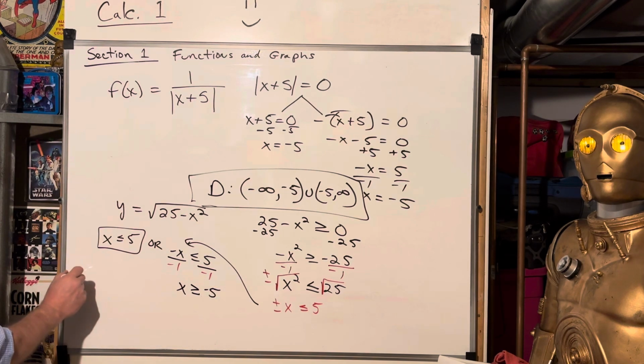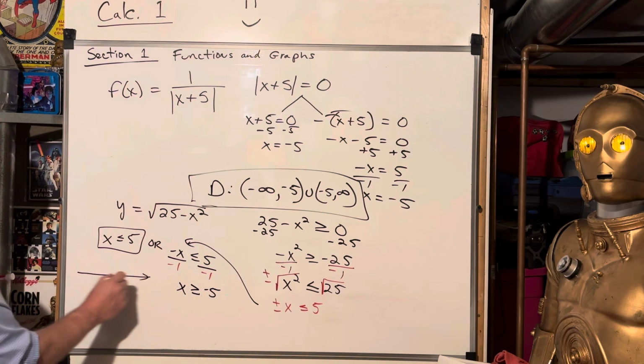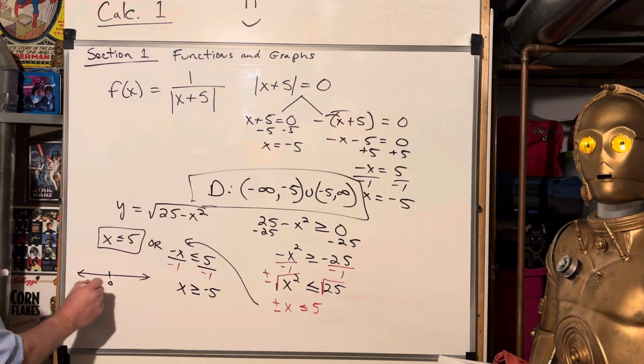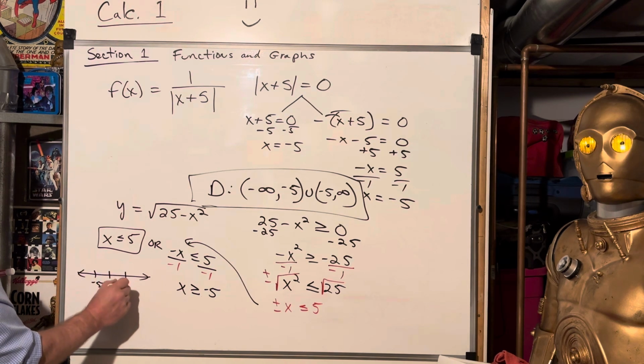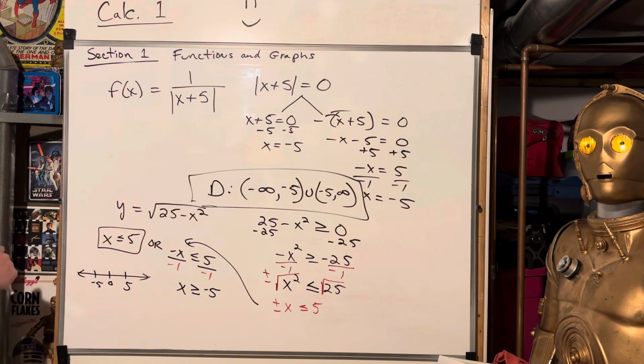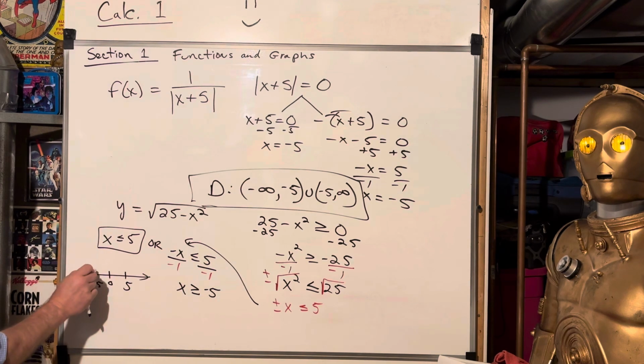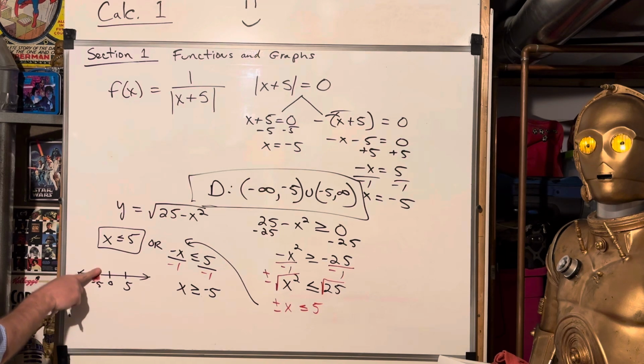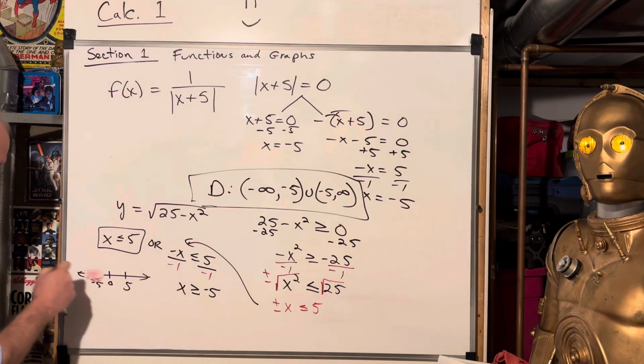Well, that gives me an actual interval. If I look at this on a number line, we have 0 here, we got -5 over here, we got +5 over there. It is everything greater than -5, so that's going to be a closed circle, or bracket. Let's use what we use in calc instead of the closed circle and open circle stuff here.